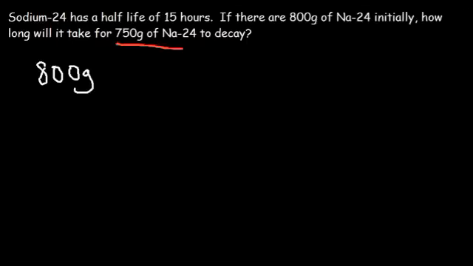That's how much remains. So we need to find out how long it will take for 800 grams to decay, leaving a final amount of 50 grams. How can we do that? How can we find the time it takes for 800 to be reduced to 50?